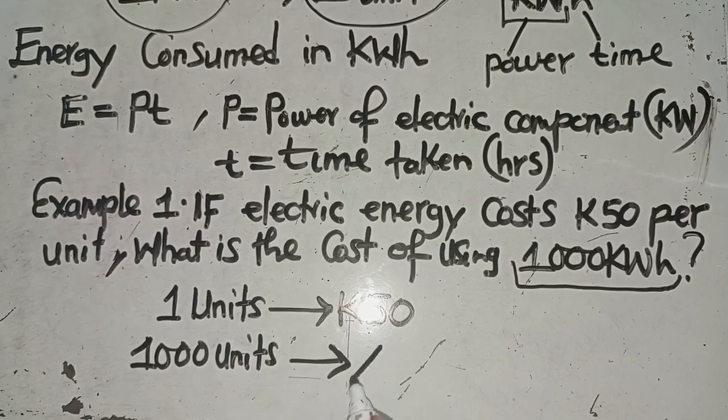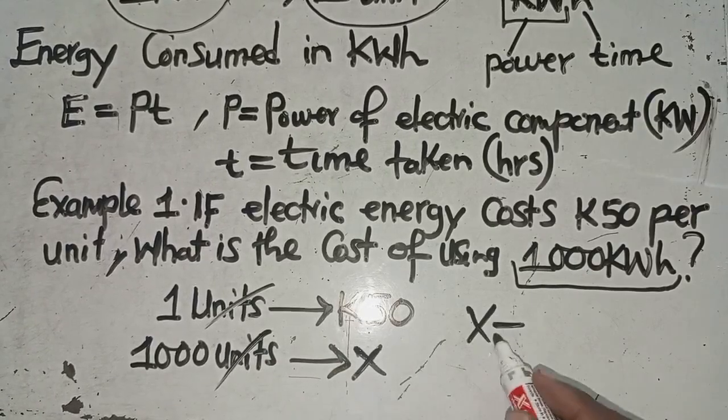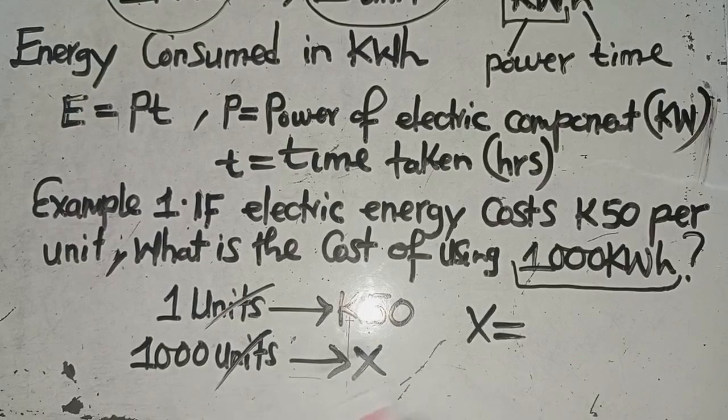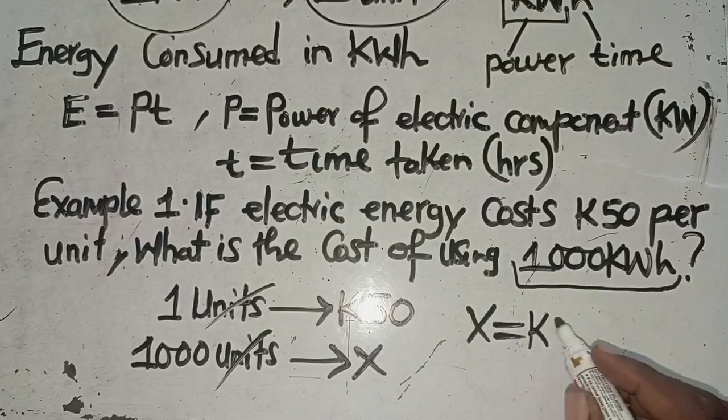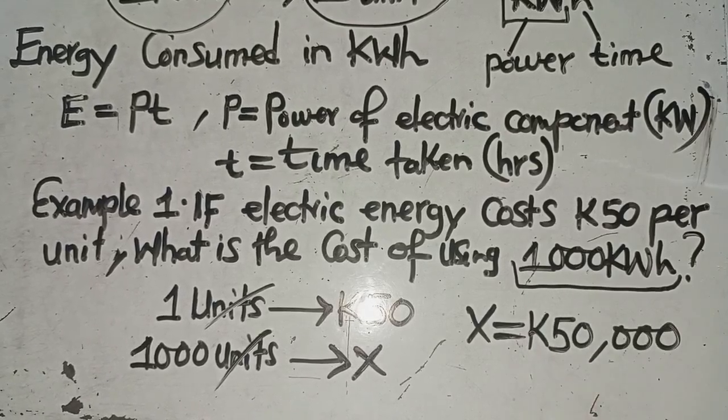What is the answer? X. These are going to cancel out. 1 times x is x, which is equal to 1,000 times 50. If you multiply there, you are going to get 50,000. So the answer is 50,000. It will cost 50,000.